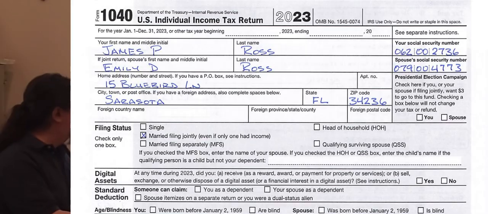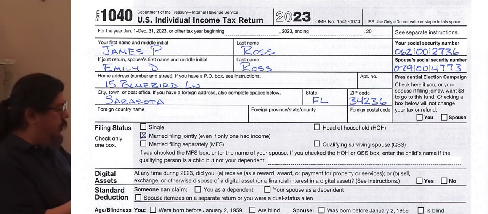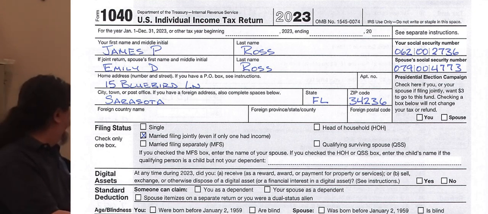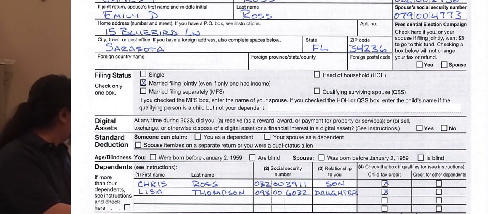Okay, so now that we know where everything gets reported, we can take a look at the actual tax return. Don't worry if you didn't get through the whole tax return. Here we put their names and social security numbers in the heading, their mailing address, city, state, and zip, and mark the box for married filing jointly.